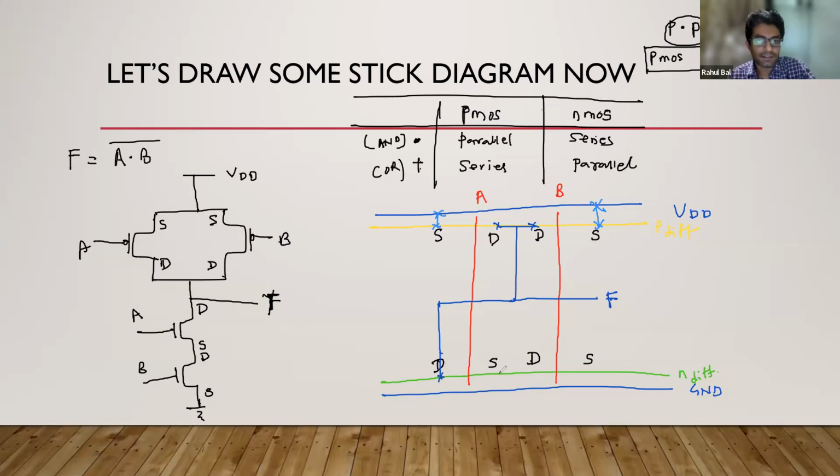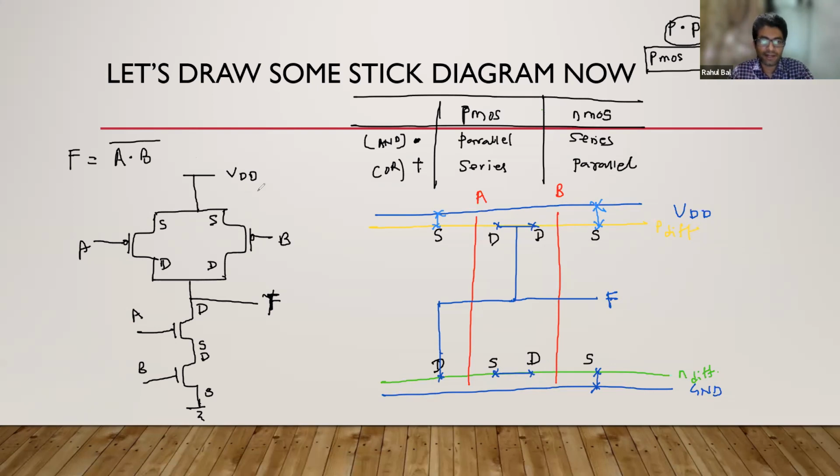Then the source and drain of the NMOS are connected, and the source of B-type NMOS is connected to ground. So this is the stick diagram for the CMOS NAND gate.